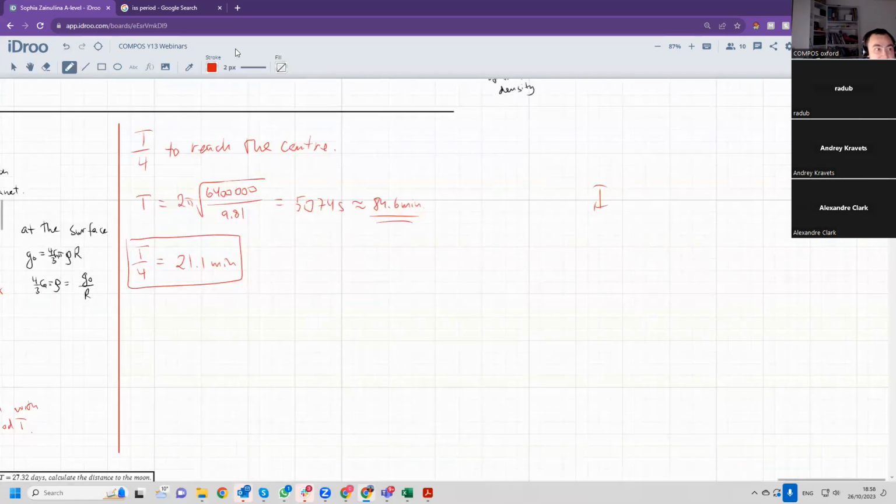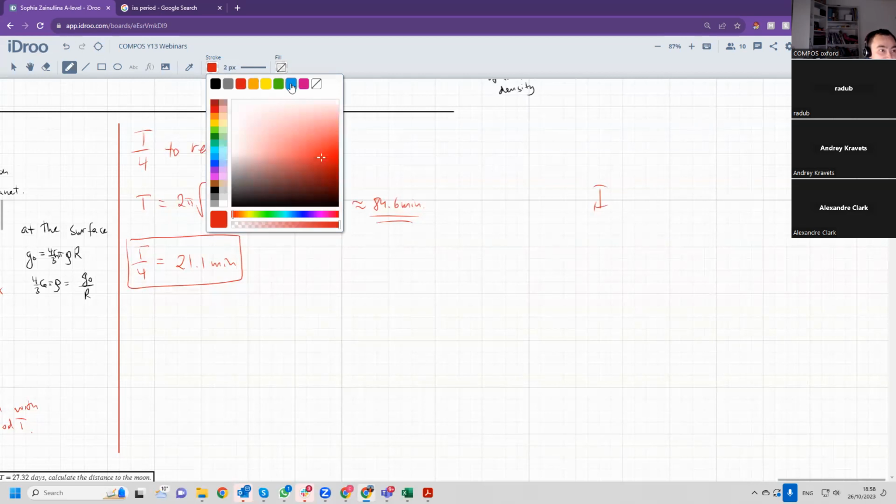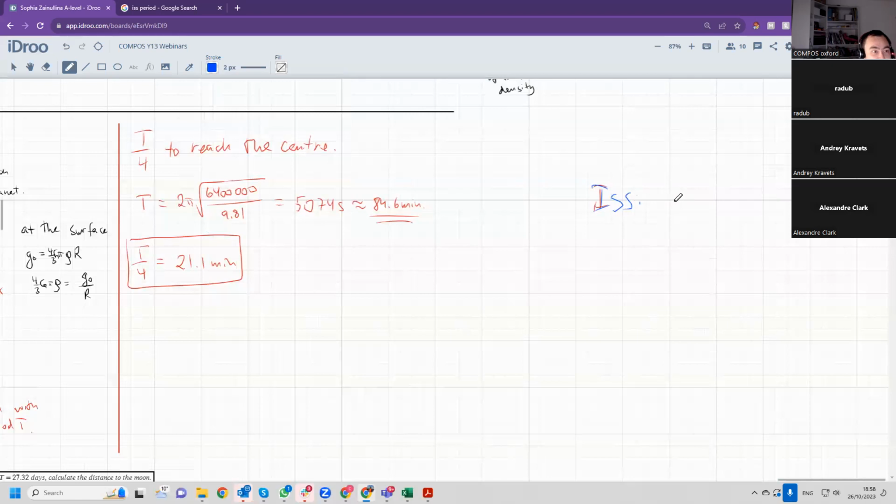For the ISS, the radius is approximately 6,800 kilometers. And that means the time period is 2 pi square root of 6,800,000 divided by 9.81, which should give you about 90 minutes.